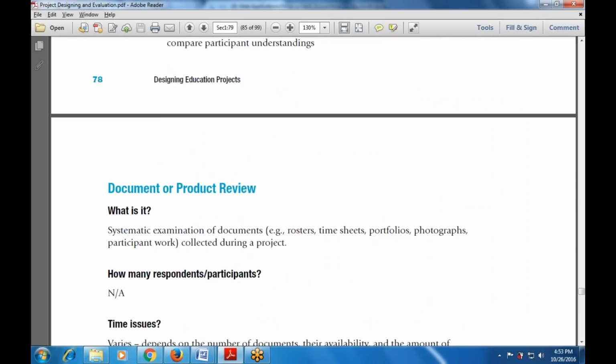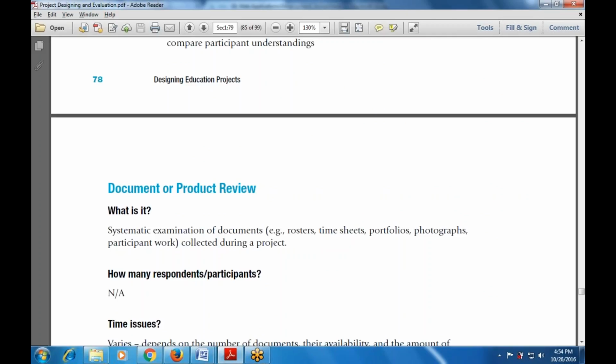Next, so that is, what is it? It is the systematic examination of documents, for example rosters, timesheets, portfolios, photographs, and participant work that is collected during a project.